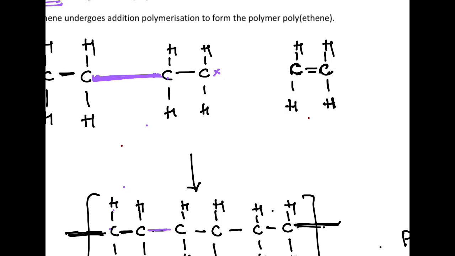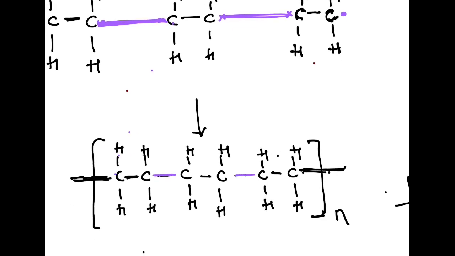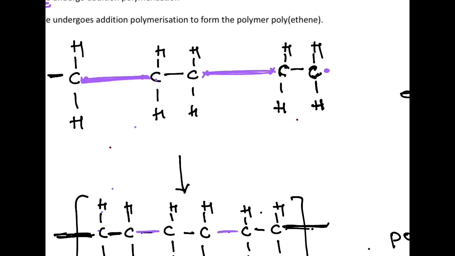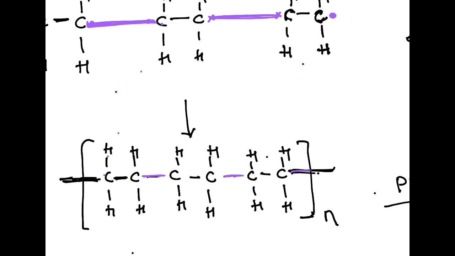Like this. This will also open. These 2 electrons are shared. That's what is shown here. Now this electron is alone and this is going to bond to something else. That's why I'm having this bond here.